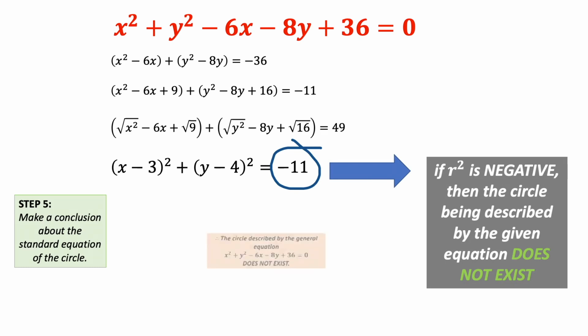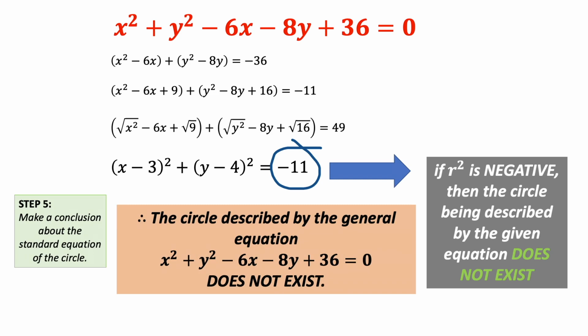Our conclusion? This implies that there is no point in the plane that satisfies the equation x squared plus y squared minus 6x minus 8y plus 36 equals 0. Therefore, the circle does not exist.